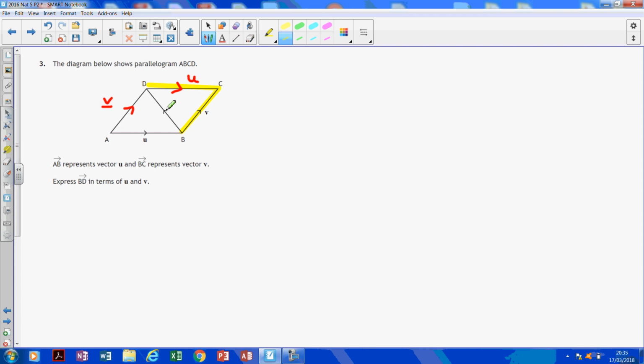I know what both those vectors are, so if we write them down, we end up with that vector there is V vector, and this one here is going against the arrow, so instead of it being U vector, it is minus U vector. Now, the other route we could have taken is from B to A to D. That is going against the direction of the arrow there, so it would be minus U and then plus V. Both are exactly the same vectors.